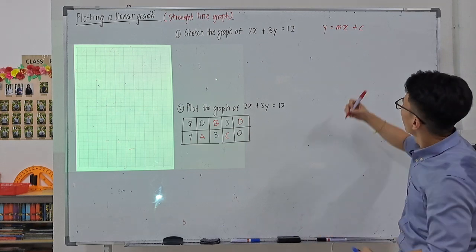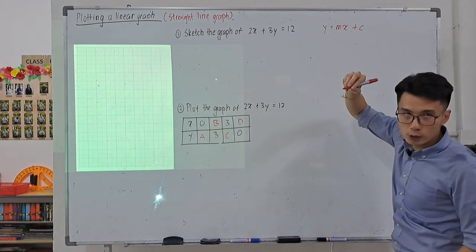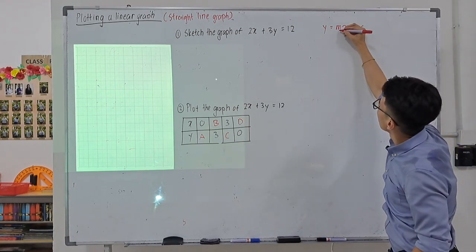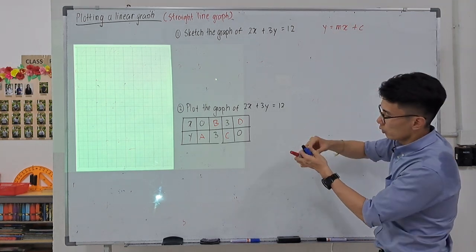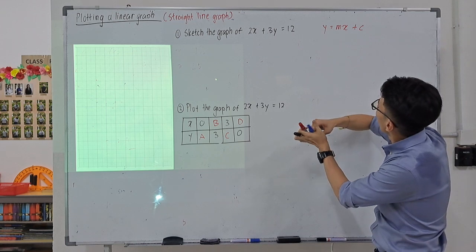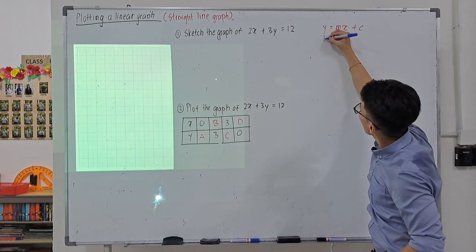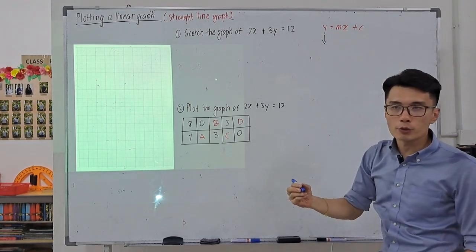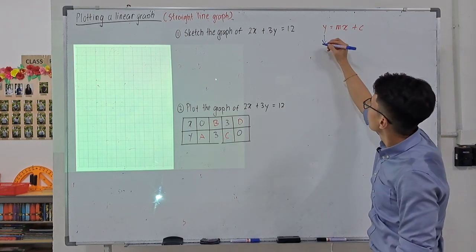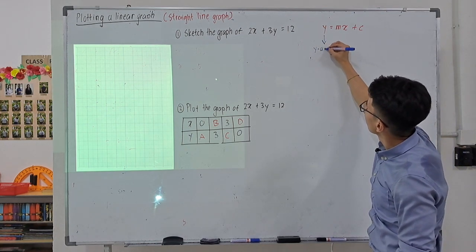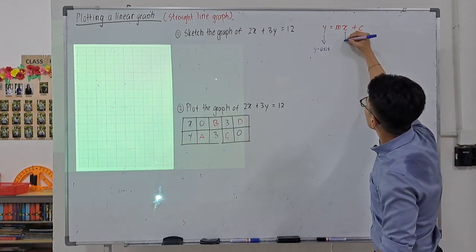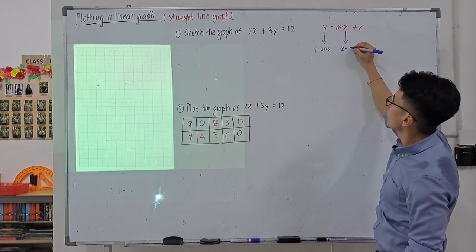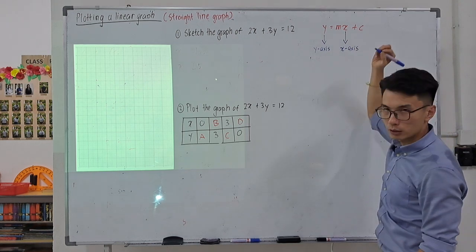Like the first information we can get is this letter y over here. This y is very self-explanatory because we are talking about a graph. So this will tell you the value of the y-axis, and x over here will be telling you the value of the x-axis.